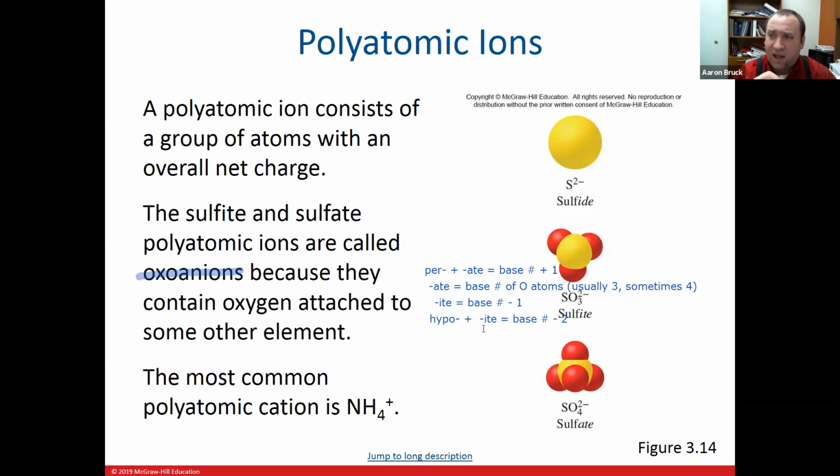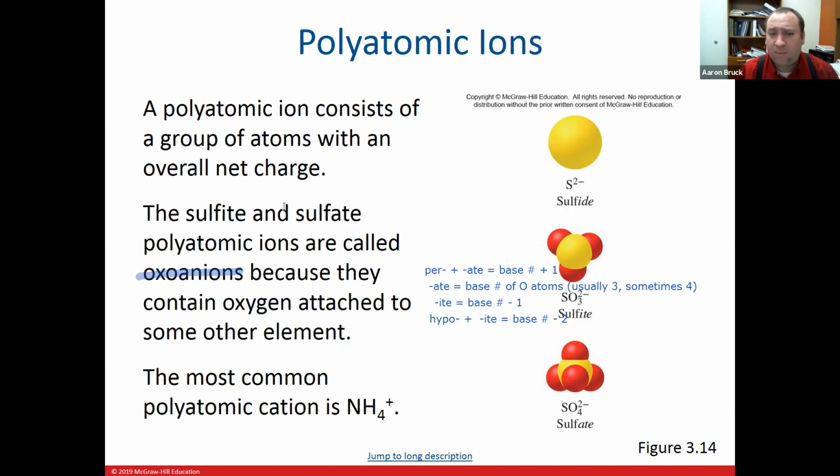And so if you can keep this naming structure in place, that does help with the memorization to some degree. Because if you can remember where the base is, then you can figure out, okay, I know the base is here. Then 1 down is ITE, 1 up is per, and 2 down is hypo.